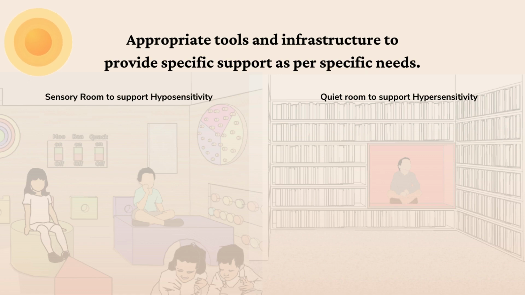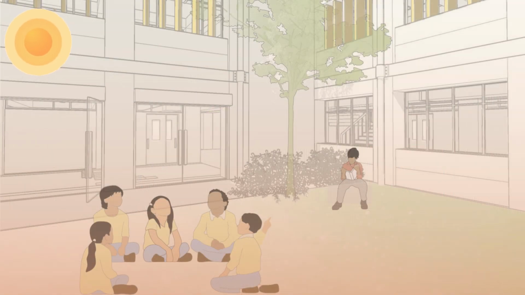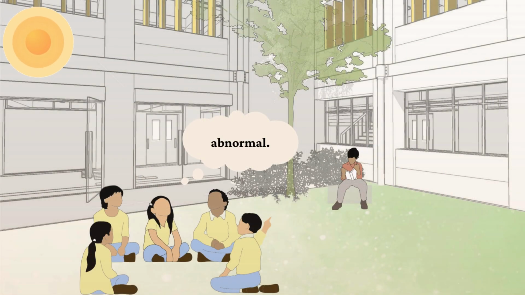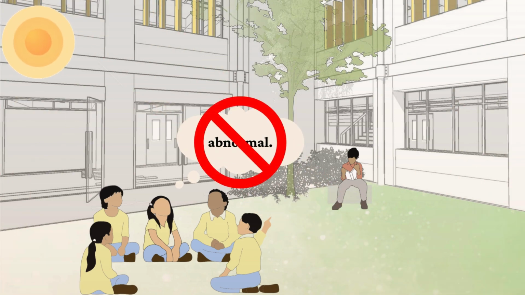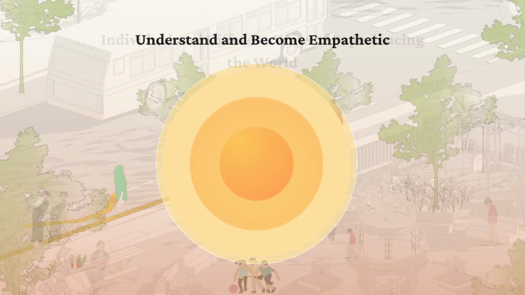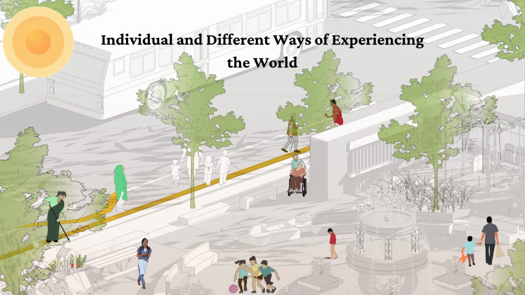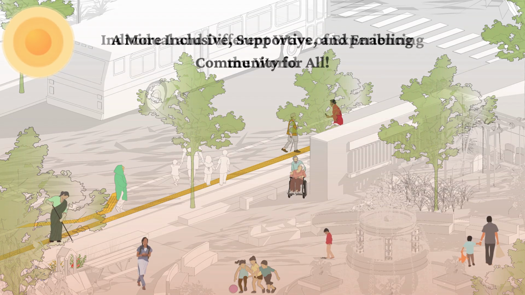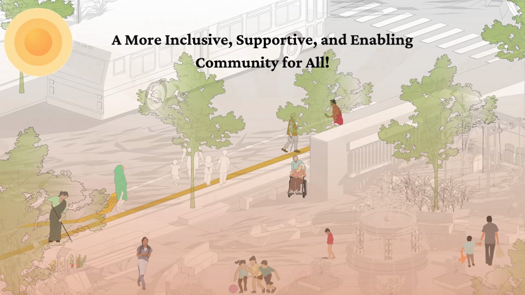The atypical should not be stigmatized and discriminated against because of our stereotypical ways of viewing normalcy. When we understand and become empathetic to our individual and different ways of experiencing the world, we can create a more inclusive, supportive, and enabling community for all of us.